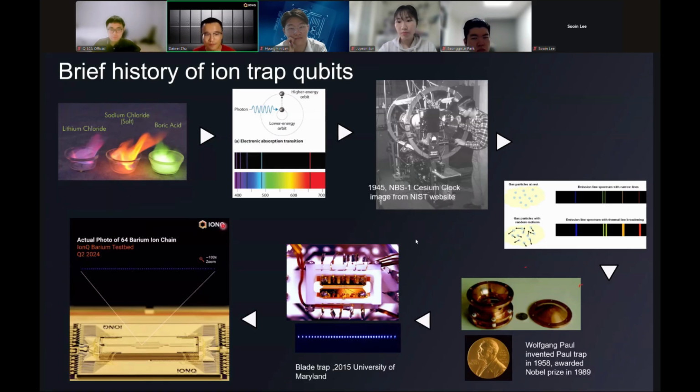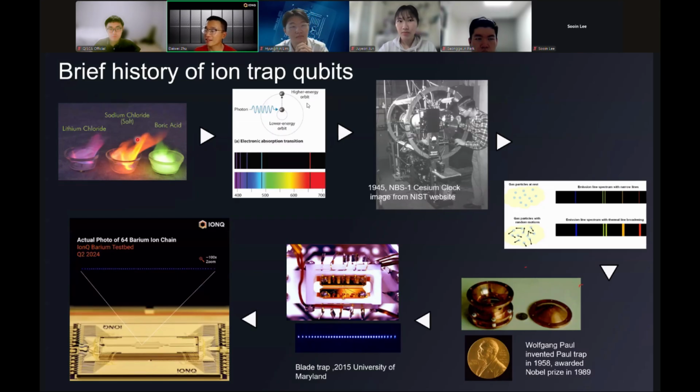In my view, I like to make it a little bit fun and maybe unnecessarily fun. I would say it dates back to when people realized that when they burn different materials, the fire appears to have different colors, right? For example, lithium, as you see here, burns in purple color.